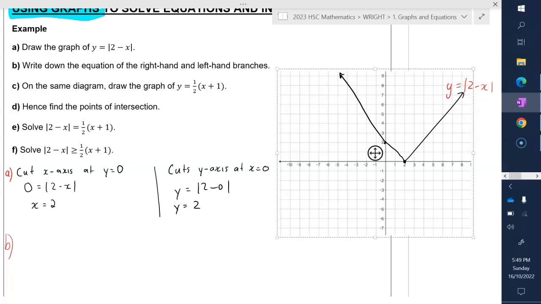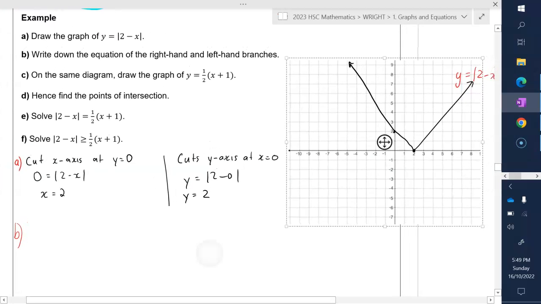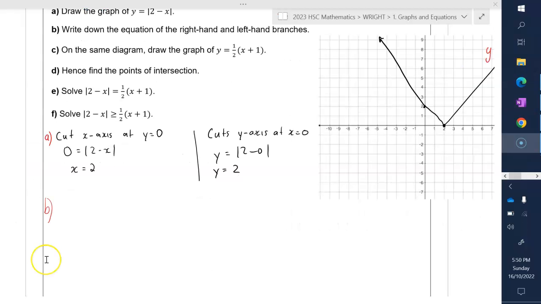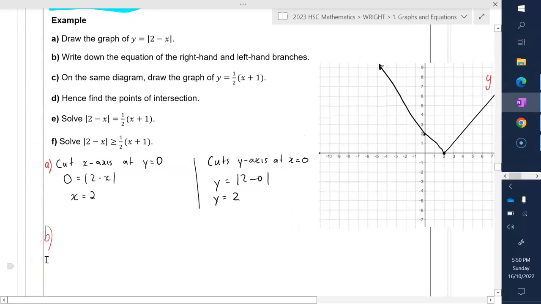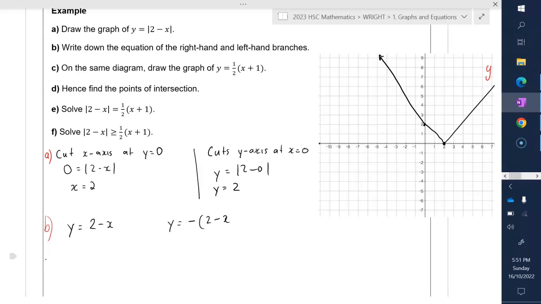So we always need to take into account positive and negative values when we're looking at the absolute value of x. That's what we're going to use to figure out our left and right hand branches. When we look at absolute values, we always have a positive and a negative solution. So we would have y is equal to 2 minus x, and we'd also have y is equal to minus (2 minus x).